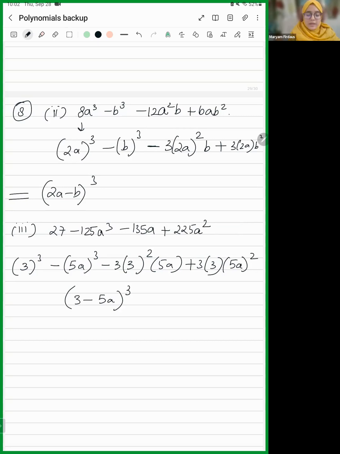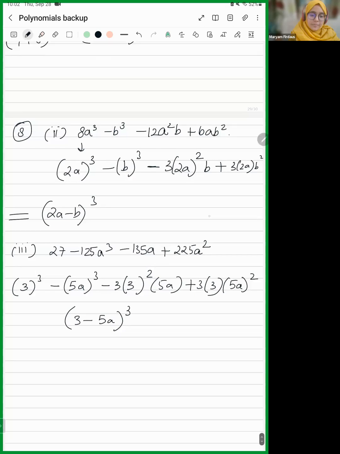Square should be outside the bracket. So in one term, the square is on top of the 3 and not on 5a. In the second term, the square is on top of 5a and not on 3. This is something that we did over here also. That the square is on top of 2a and not on b. And here it is on top of b and not on 2a.